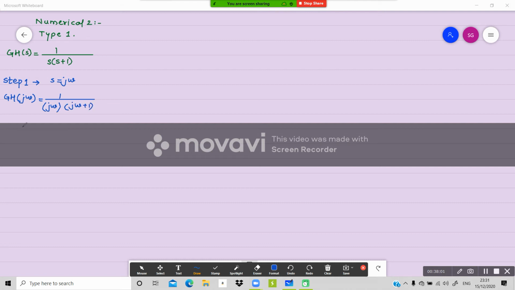So in polar form, it is going to be 1 at an angle of 0 upon, magnitude will be omega, angle will be 90, and here it will be under root omega square plus 1, and angle will be tan inverse of omega.